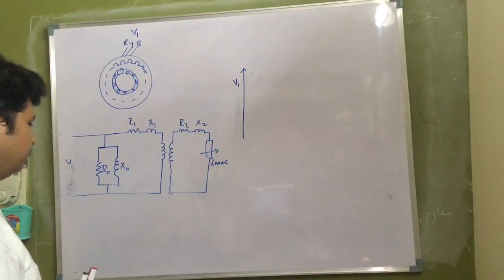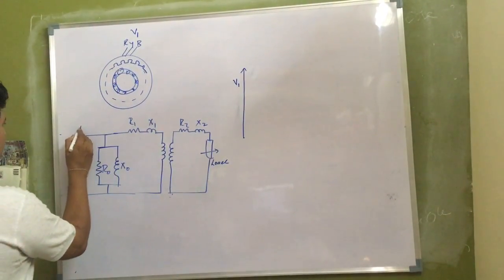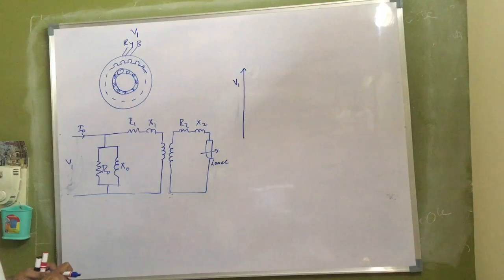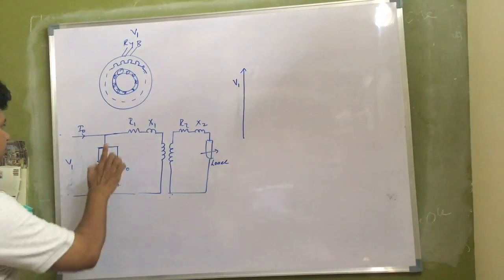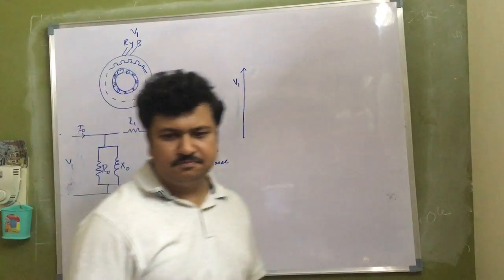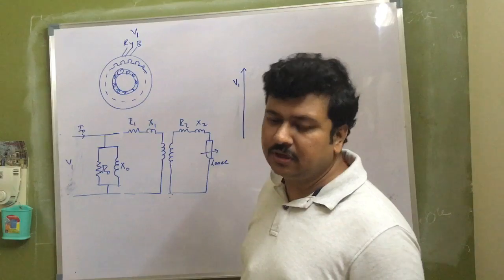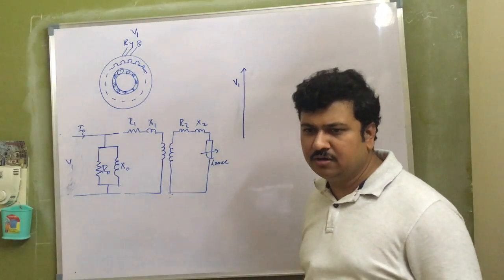Now I apply V1. At no load condition, current I0 is drawn. So at no load condition, this part of the circuit will not come into the picture. The current drawn by the motor is I0.